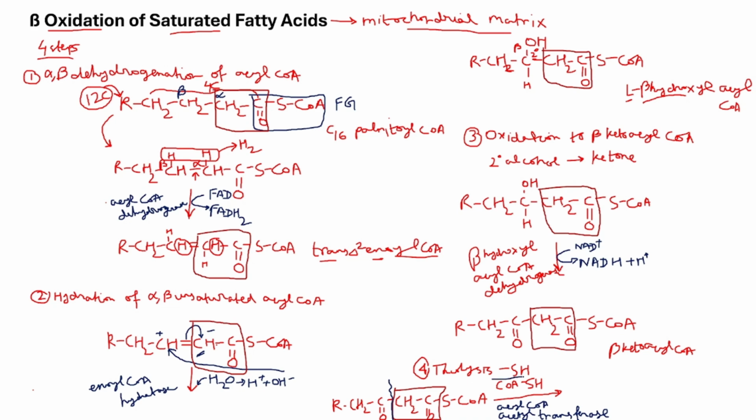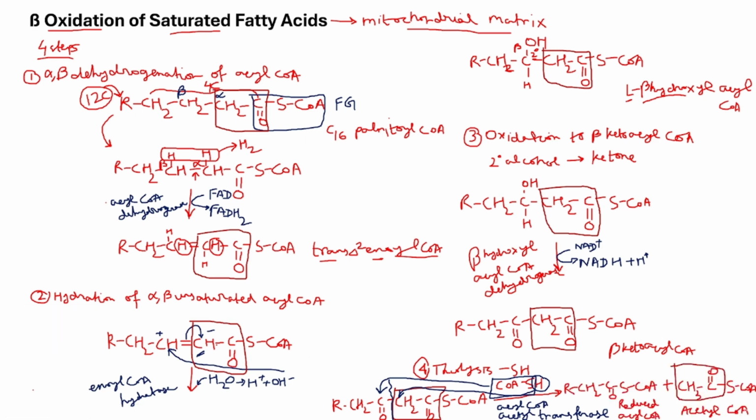This CoA-S group will get added to this carbon, and this hydrogen will get added to this carbon. All right, so what will you have as your result? You will have a shortened acyl CoA, and one molecule of acetyl CoA.